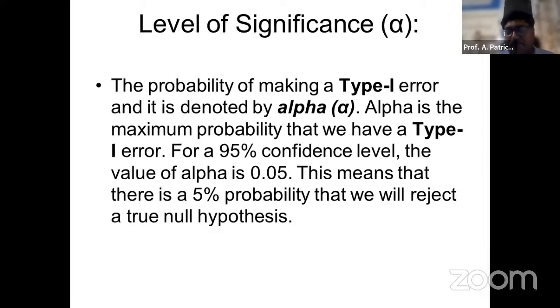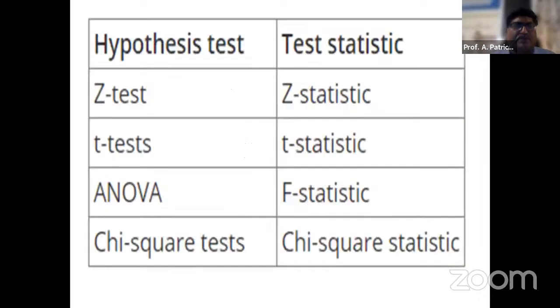Why we don't use beta is that we don't start with a negative. That is, we don't say a person is guilty, then prove he's innocent. We start with the premise that a person is innocent, and then we try figuring out whether the person is guilty on whatever evidence is available. Or it could be any other statistical tool in the area of marketing, finance, HR, or operations. You want to use hypothesis testing for it.